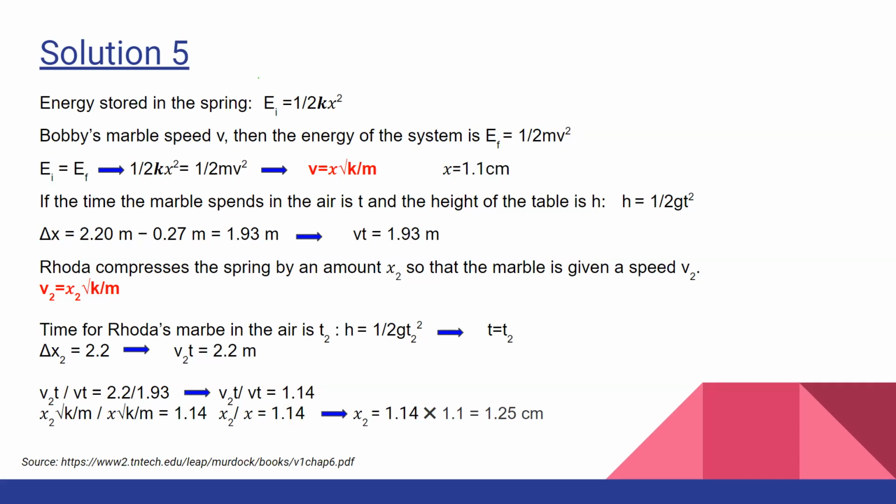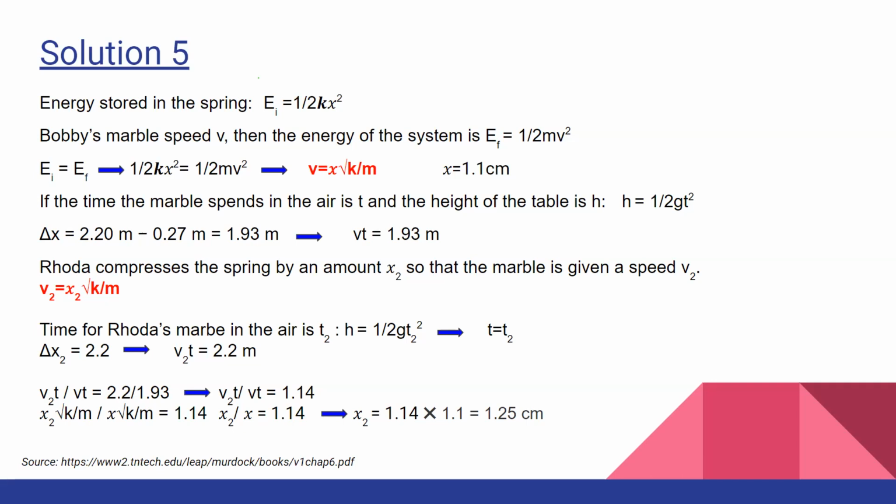By the kinematic formula relating displacement, initial velocity, and acceleration, delta x is equal to v initial t plus 1/2 at squared.